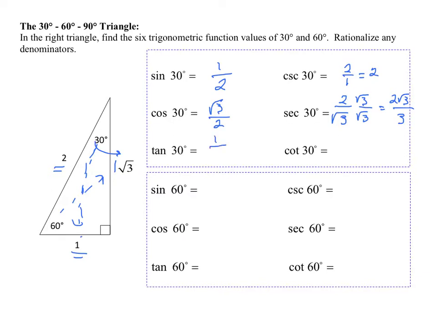So it's 1 over square root of 3. So the cotangent will be square root of 3 over 1, or square root of 3. But the only thing I need more to do is to get this radical out of the basement. Good? So it's square root of 3 over 3.